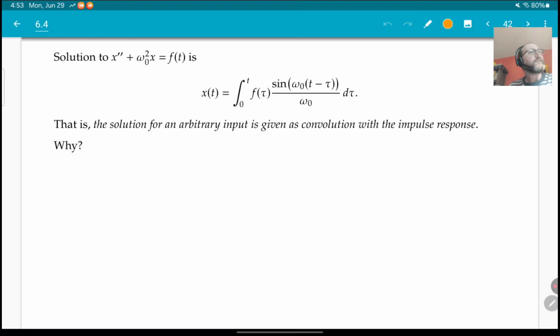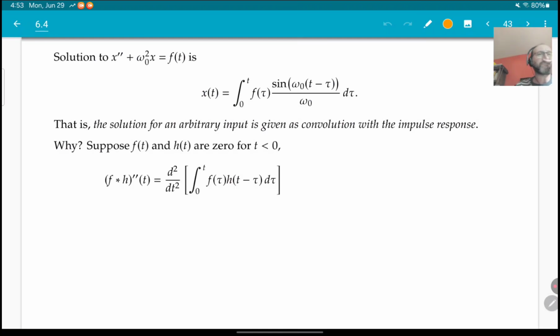So why? Well, there's a way of thinking about this. First, suppose that f and h are two functions that are 0 for negative t. For simplicity, suppose that they are differentiable, nice functions.